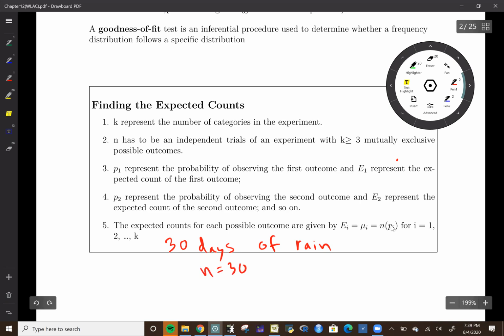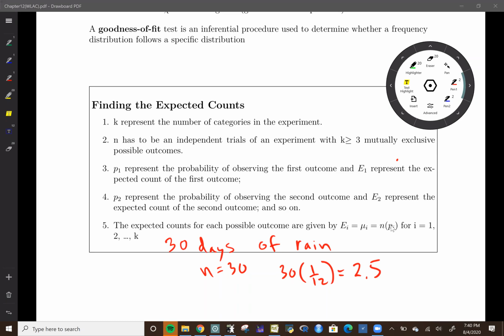Since we have 12 months and all months should have the same amount of rain, you do 30 times 1 out of 12, and you get 2.5. So the expected value for each month should be 2.5 rainy days.